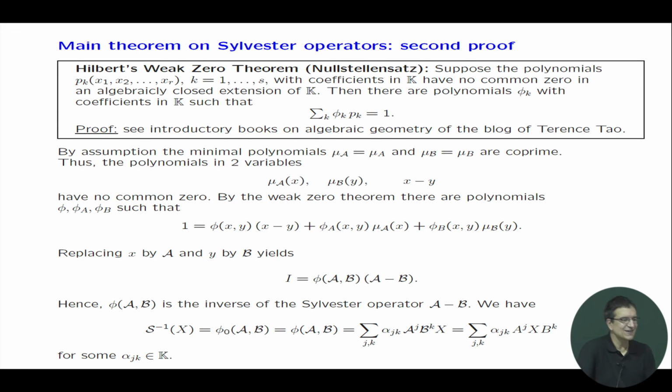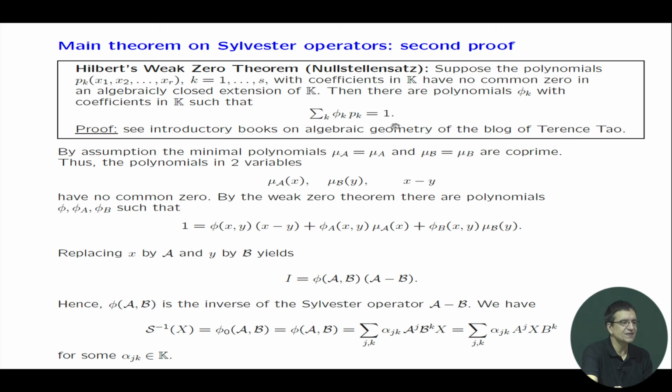And here now comes a non-trivial result. If we have polynomials in some commuting variables, and these polynomials have no common zero, then there is a Bézout identity.